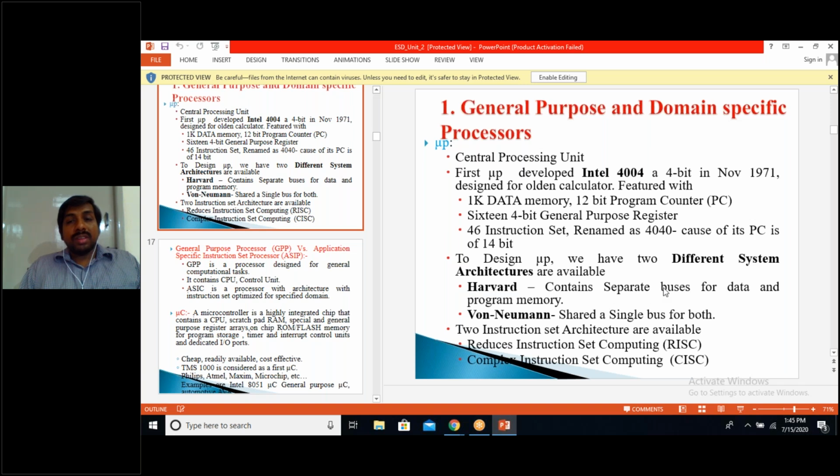So if you are using a separate bus for program memory and data memory, it is called Harvard architecture. If you are sharing the same bus using a single bus, it is called von Neumann architecture. Again, the architecture is classified into two types, RISC and CISC. RISC stands for reduced instruction set computing. CISC stands for complex instruction set computing.